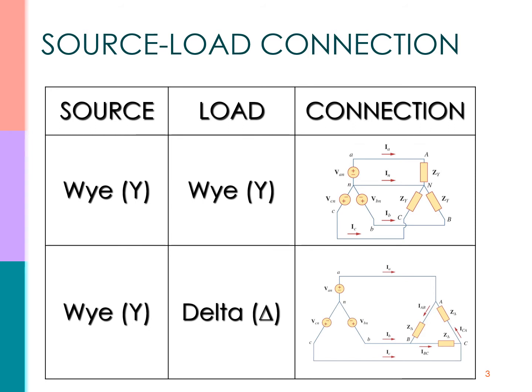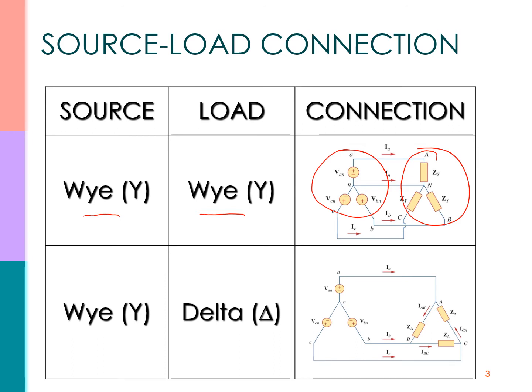The first one is a Y connected source connected to a Y load. This is what we call a balanced Y circuit, where a balanced Y phase voltage is connected to a Y load.